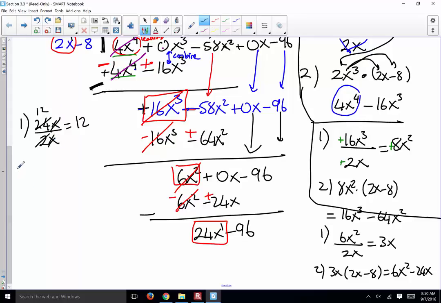Second, take 12 and multiply with the divisor and get 24x minus 96. And take this away from this.